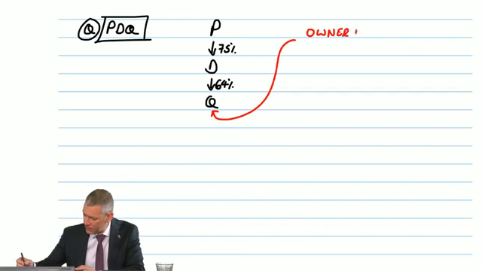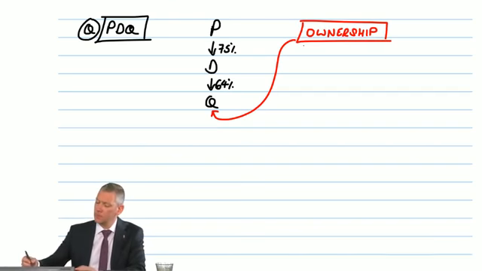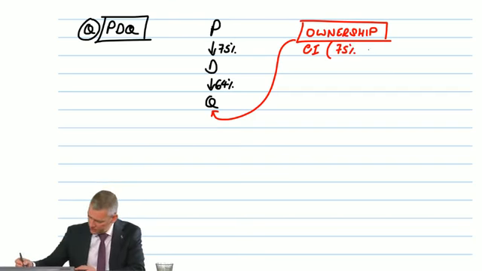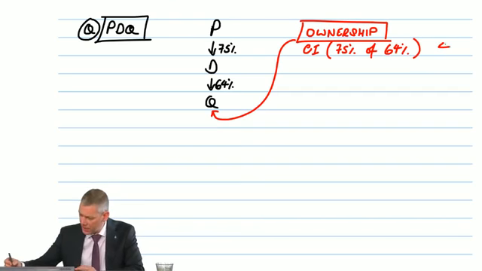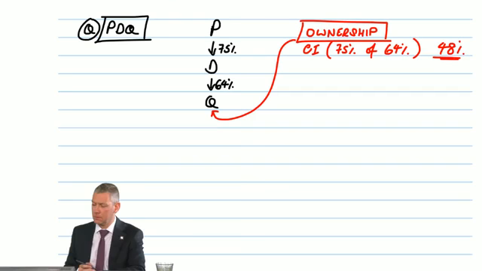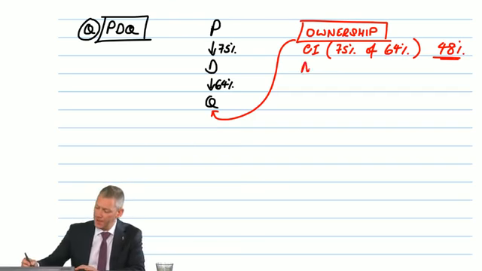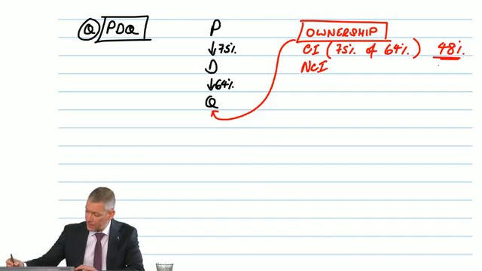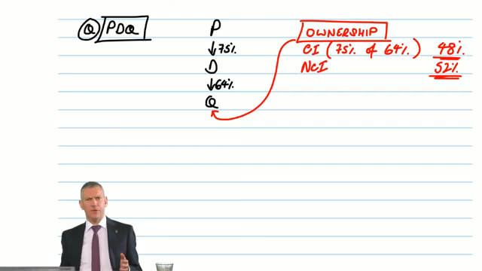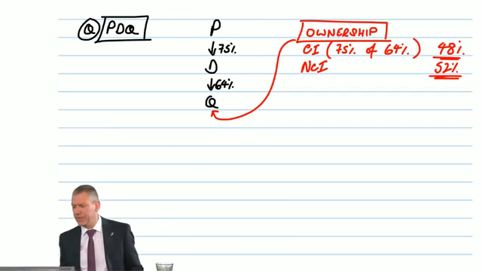So the ownership split is CI has got 75% of 64%, which is 48%. And the NCI is the rest, is the 52%. Well, that's not very difficult. No, you're right. It's not very difficult.